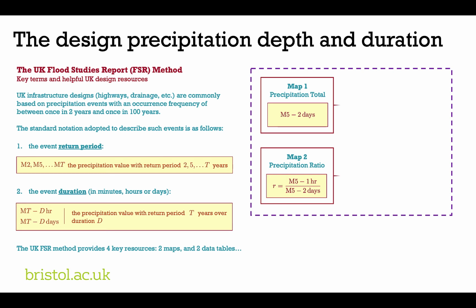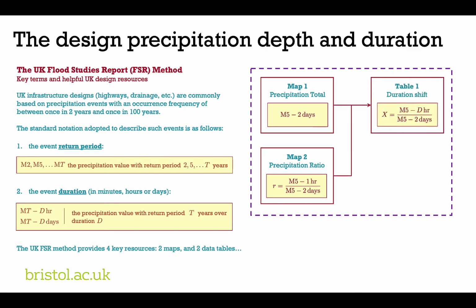Combining these two then allows us to use Table 1 to shift the duration of those standard observations to match the duration that you require for your storm. So it then tells us the precipitation total with a 5-year return period that is spread over the D hours for your design storm.